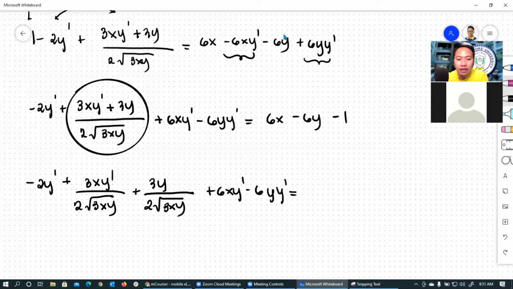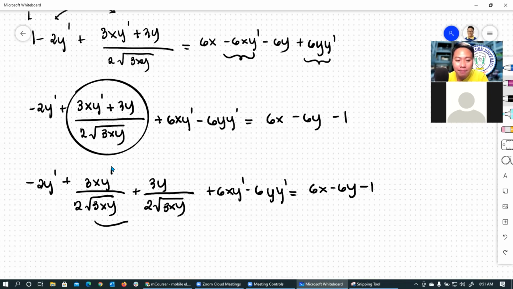That is actually on your elementary mathematics, guys. Now, when you combine numbers with the same denominator, you just copy the denominator and then you do whatever operation in the numerator. So we consider this a similar fraction.